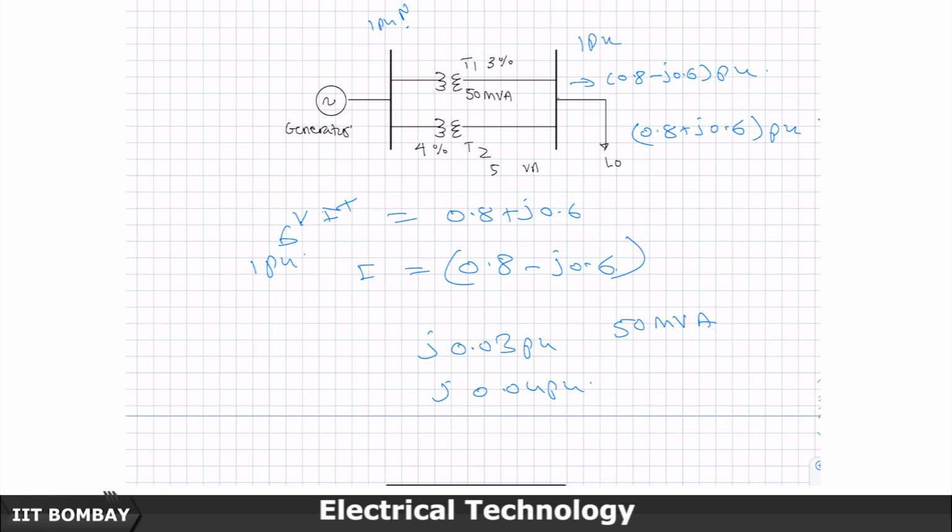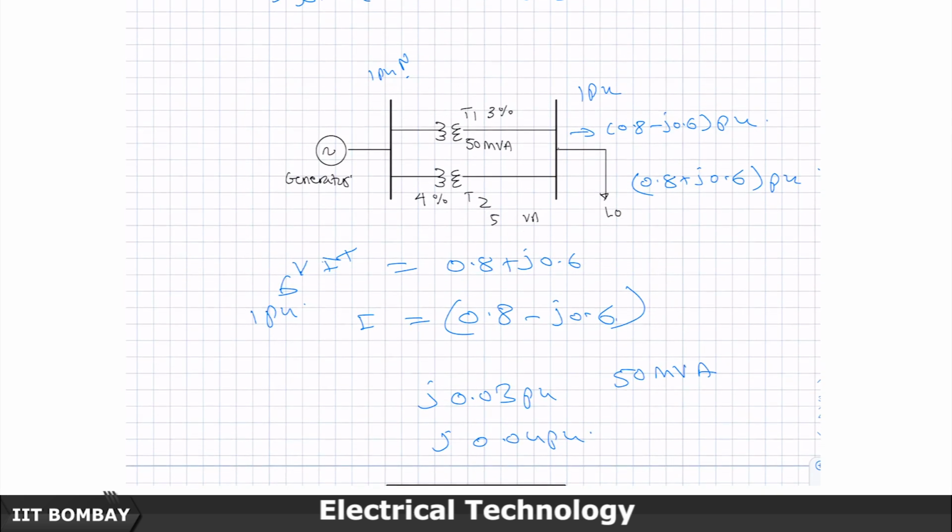The current base will double. If the voltage base is the same and the current base has doubled, then what happens to the impedance base? The impedance base will become half. The actual impedance is the same, but the base impedance became half, so the per unit impedance will double.